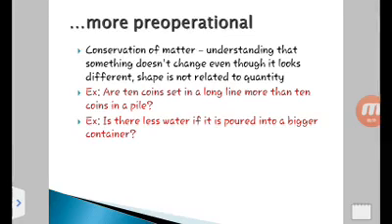Examples are 10 coins set in a long line versus 10 coins in a pile, which a child cannot understand as the same. Is there less water if it is poured into a bigger container? These are the things that are not yet understood by children in the pre-operational stage.